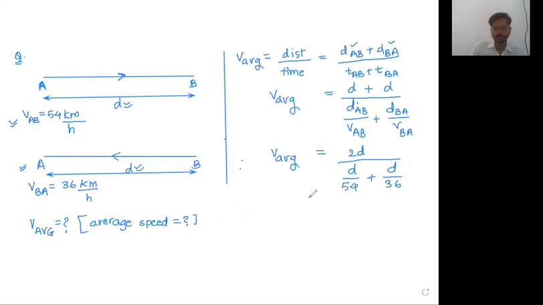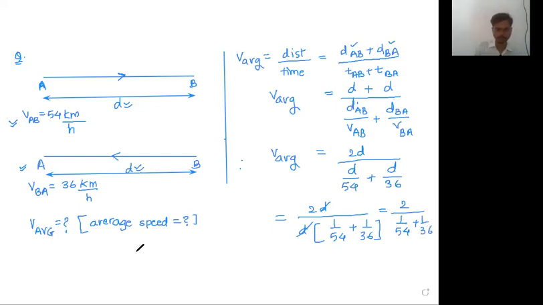Next, this D we can take common: D into bracket 1 upon 54 plus 1 upon 36. This D and this D cancel. So that becomes 2 divided by 1 upon 54 plus 1 upon 36.